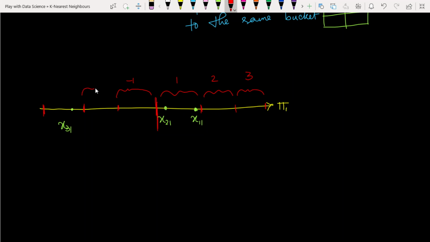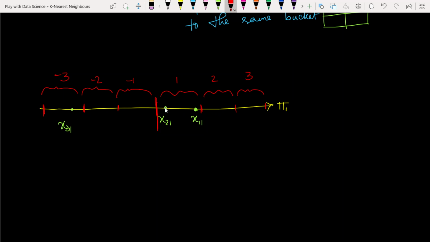Don't be confused about the numbers; these are just labels for our regions, nothing else. You will see that x21 and x11 lie in a single region, region 1, and x31 lies in region -3.